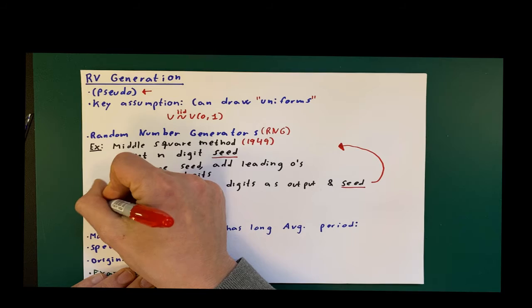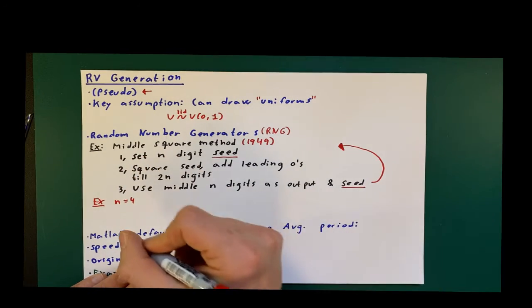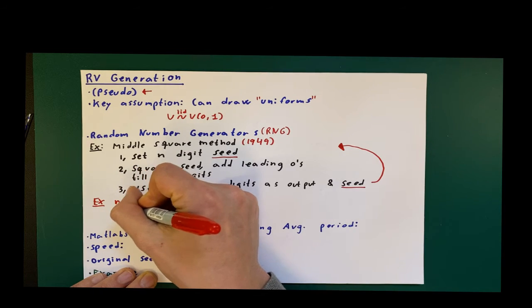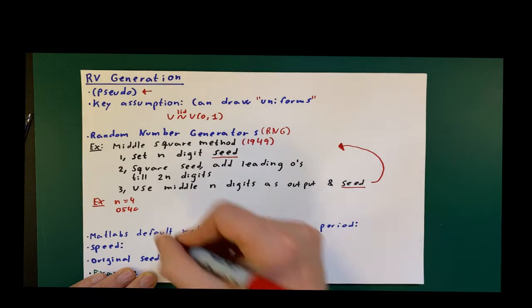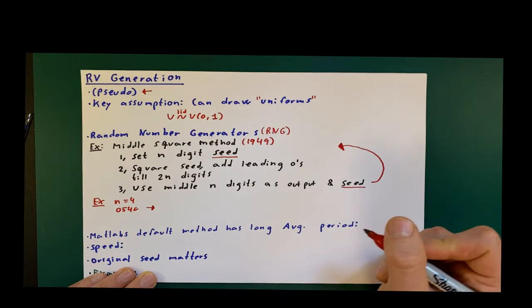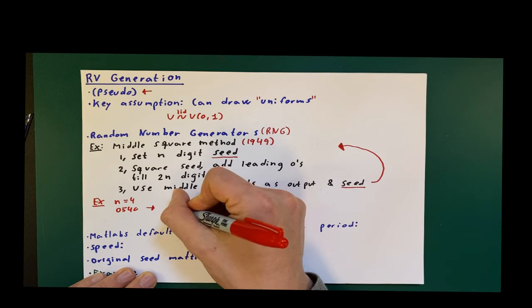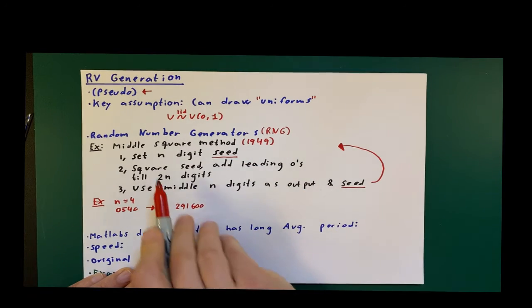So for example, for n equals 4, we might select an initial seed of 0540. So note I added a 0 in front, so we have the 4 digits. Well, what does this give us? It gives us 291,600, right? So now we've squared it.